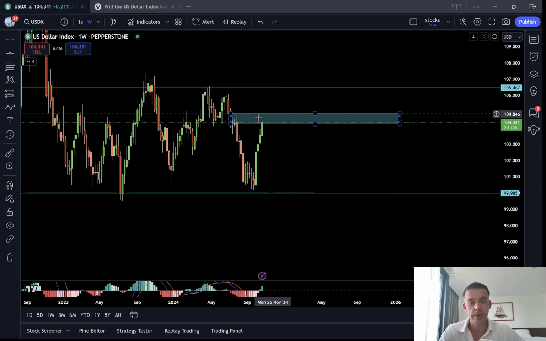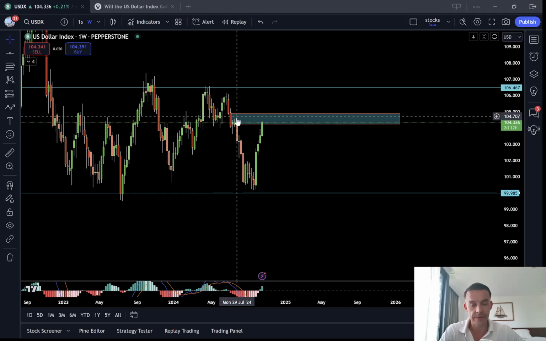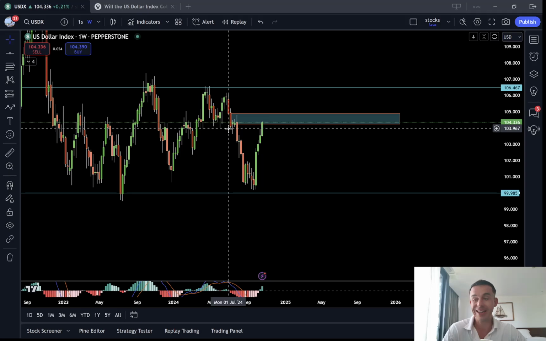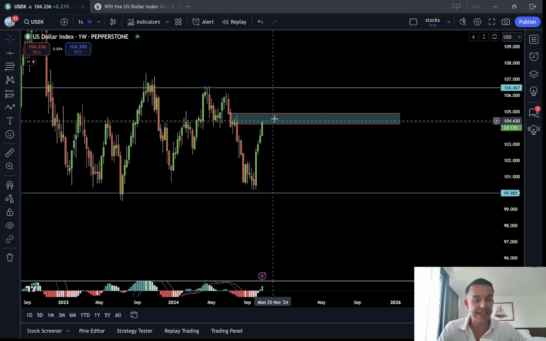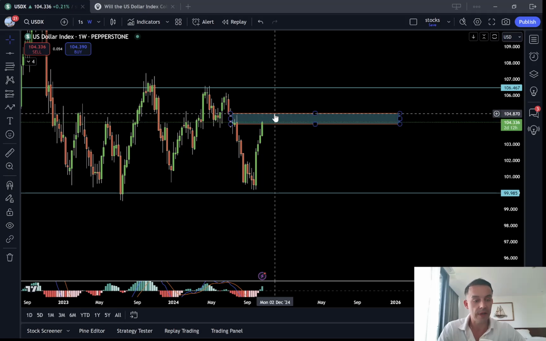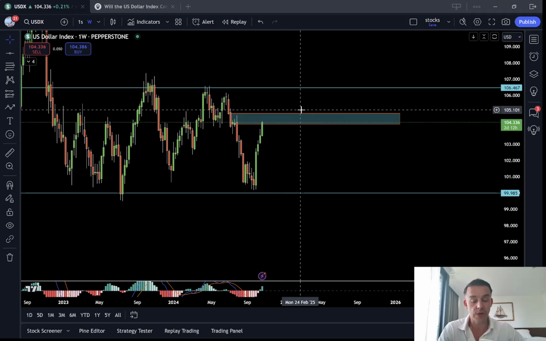So the majority of the selling in this move started here. This is an area where you'd likely see sellers come back in again, and it is at a key round number. The high of this move is 105, I think, or it's towards 105.